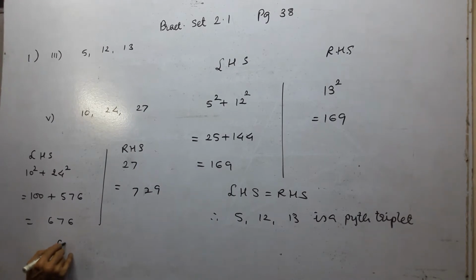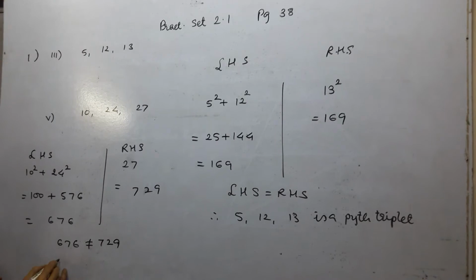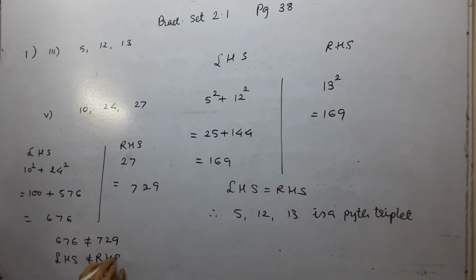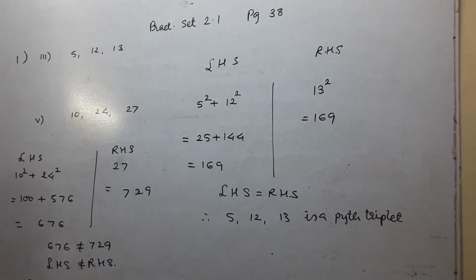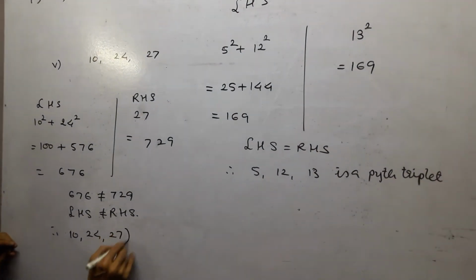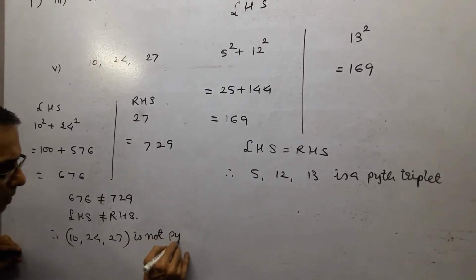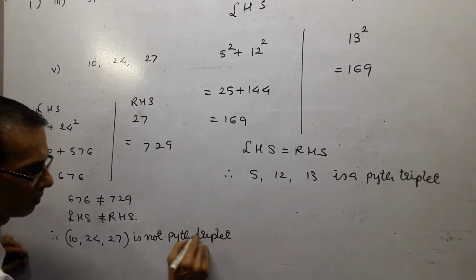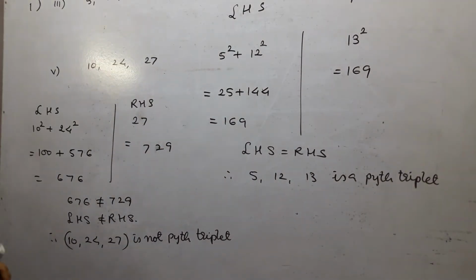So 676 is not equal to 729. That is, left hand side is not equal to right hand side, and therefore 10, 24, 27 is not a Pythagoras triplet. Let us take one more sum now.